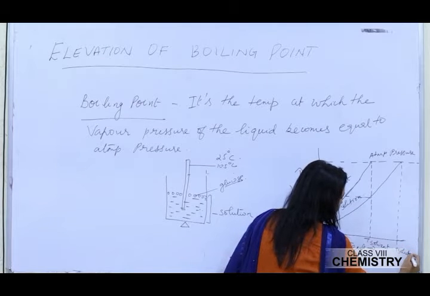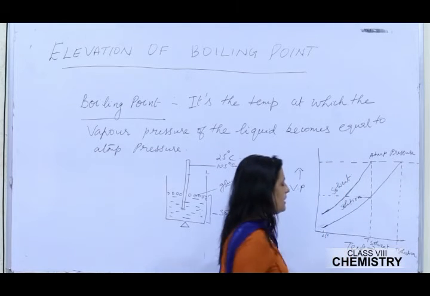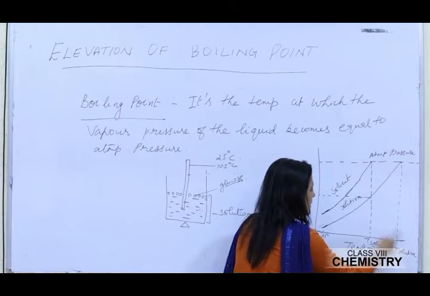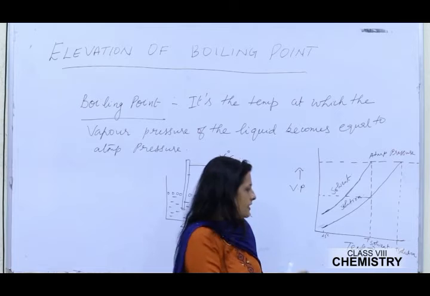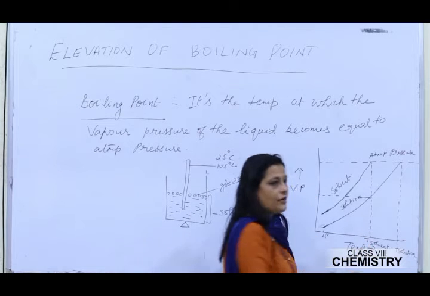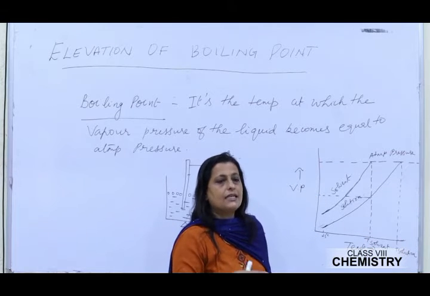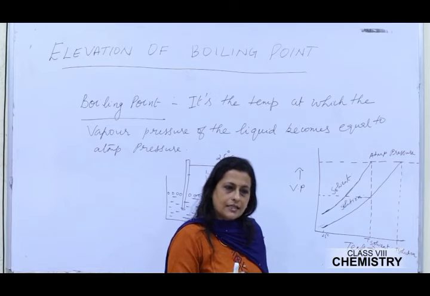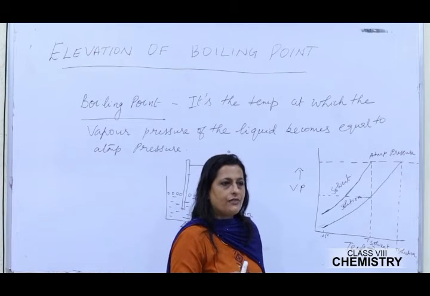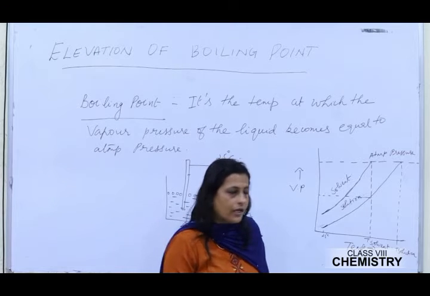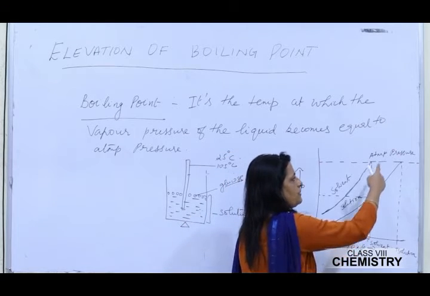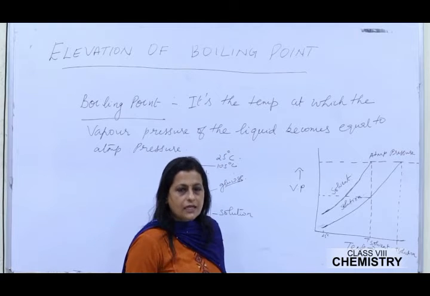So what do you observe? The boiling point of the solution is greater than the boiling point of the solvent. Why is it greater? When you are adding a non-volatile solute, the escaping tendency of the solvent is decreasing, due to which the vapor pressure is decreasing. Hence, we have to supply more heat so that its vapor pressure becomes equal to atmospheric pressure.